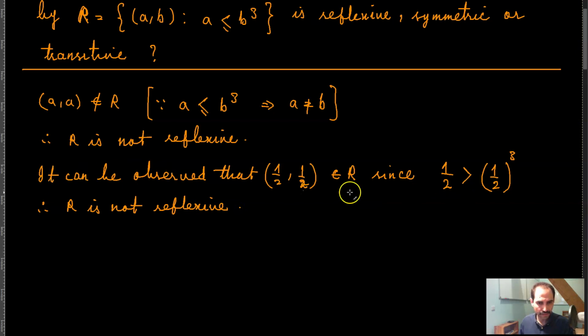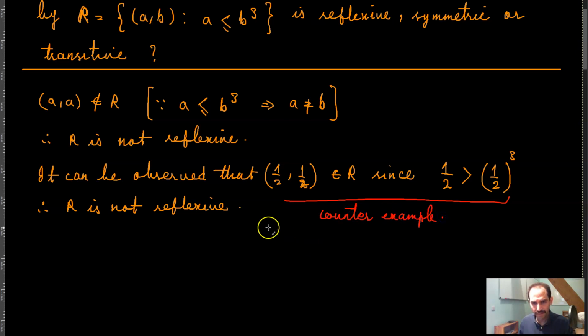Sometimes it's not easy to find this. This you would call a counterexample. Sometimes it's easy to find a counterexample, and if you find one counterexample, that means you have proof that whatever you want to show is simply not true, because it's not true in at least one case, right? Sometimes it's not easy to get the counterexample.